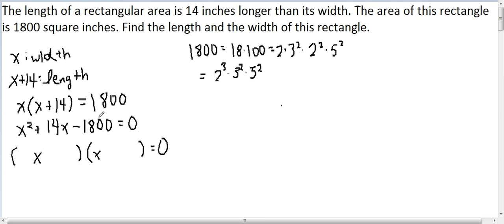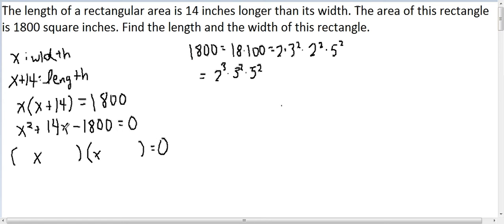If we think about all integers, they're either even or odd. So the two factors will be either even, even, even, odd, or odd, odd. If we have one even and one odd number, they're going to add or subtract together to get an odd number, and 14 isn't an odd number.